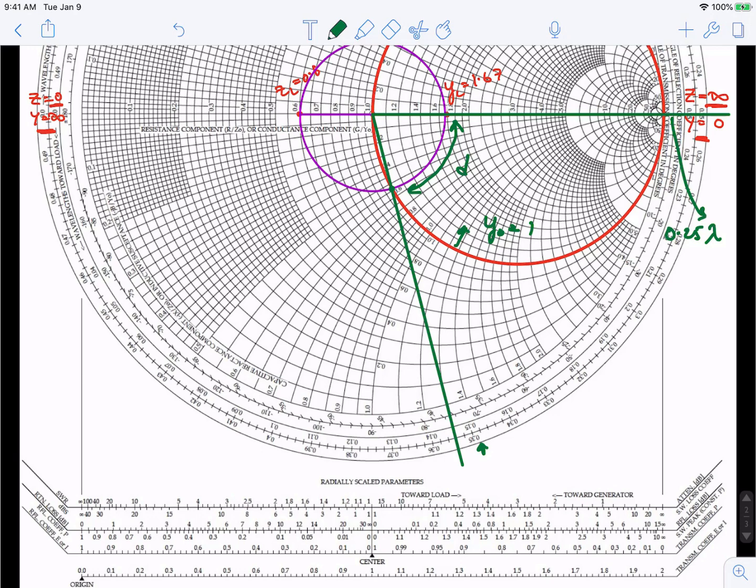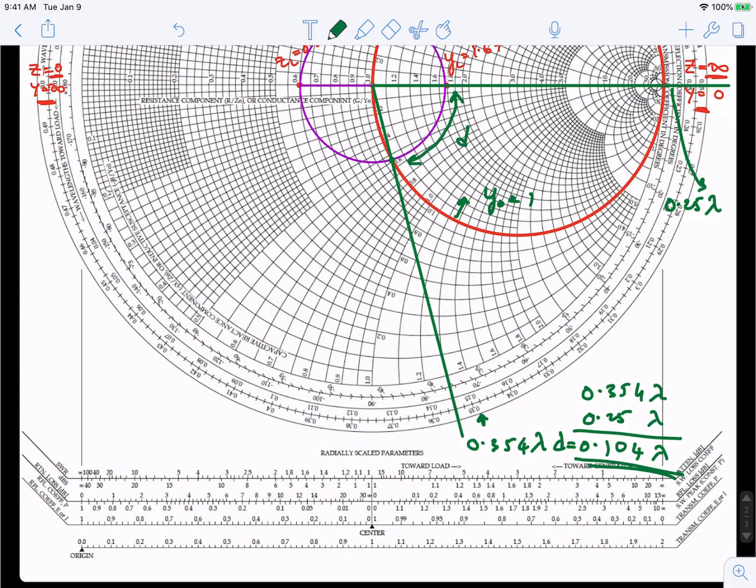That is going to be 0.354 lambda. Once we subtract the difference, 0.354 lambda minus 0.25 lambda, D is equal to 0.104 lambda.